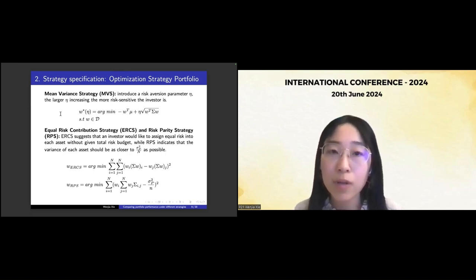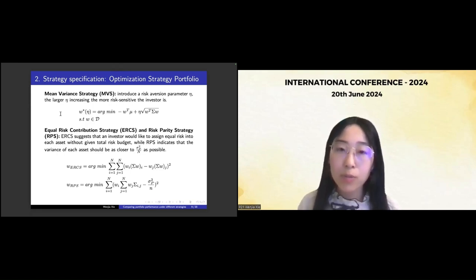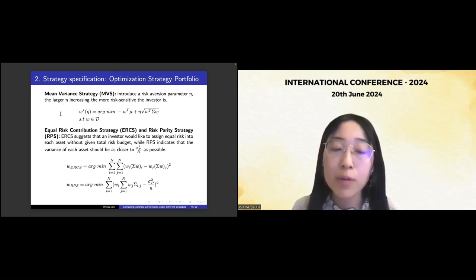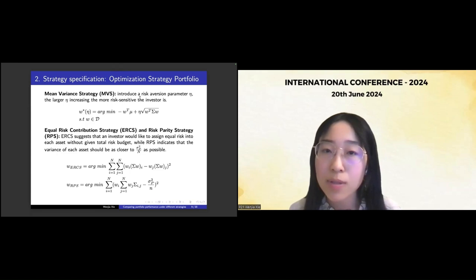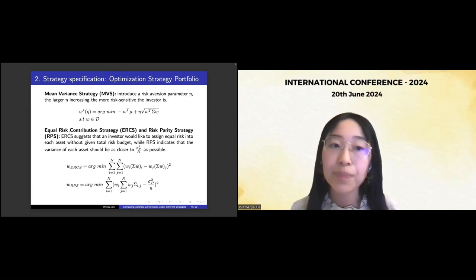Here we have some strategies that may generate multiple solutions, depending on the initial value. The mean variance strategy introduces a risk aversion parameter eta. The larger eta is, the more risk sensitive the investor is.